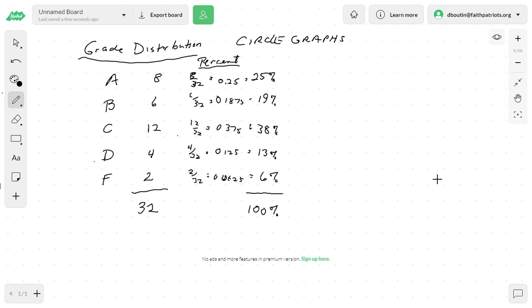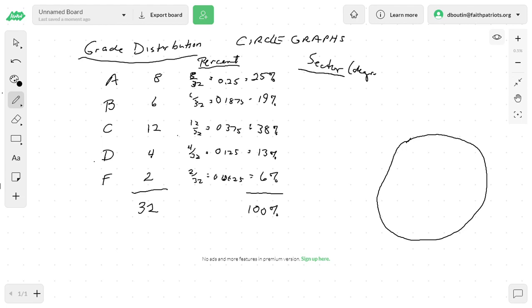Now, percents are great to talk about if 25% of the students got A's and 38% got C's, but whereas we know that the entire circle would represent 100% of the circle, circles are actually broken up into degrees. We would call each part of the circle in degrees a sector.